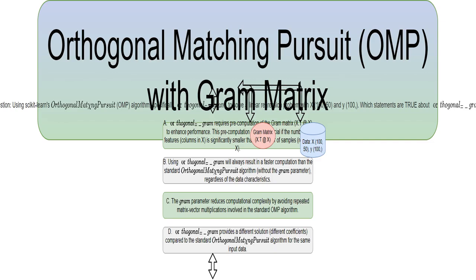I see you're working with orthogonal matching pursuit, a method for finding a small set of features that best explain your data. The gram matrix is a clever way to speed things up. It's essentially a pre-computed summary of how each pair of features relates to each other. We use it to avoid redundant calculations later. This is the core question we are tackling.